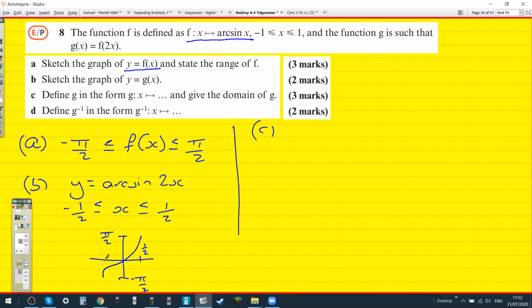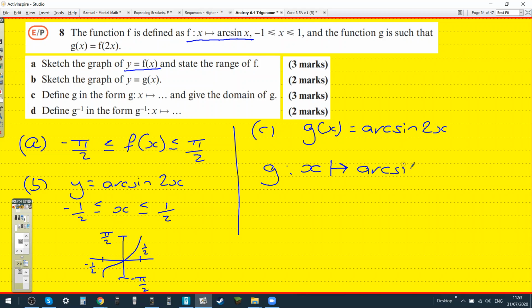So is g of x just going to be arcsine 2x? G of x equals arcsine 2x. Okay. So g such that x maps onto just arcsine 2x, I think, is it?